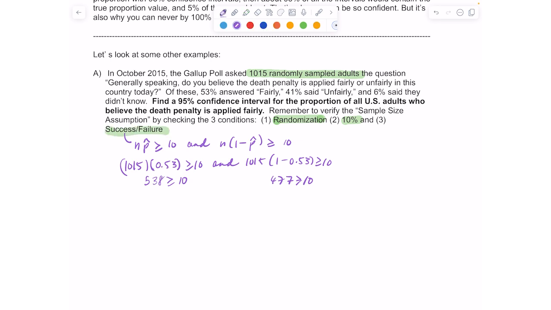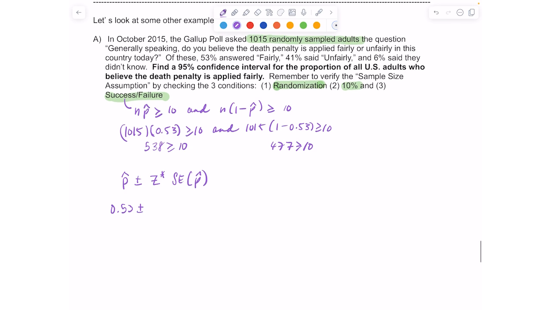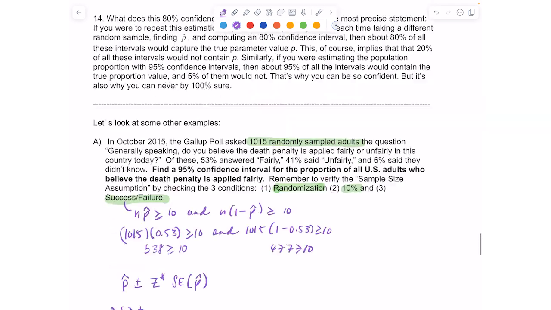So remember, my formula is the point estimate plus or minus my margin of error, which is made up of my z critical value times the standard error of p hat. Okay, so p hat here is 0.53. And since I'm doing a 95% confidence interval, remember the z critical value is 1.96. If you don't know that, you can refer back to this table.